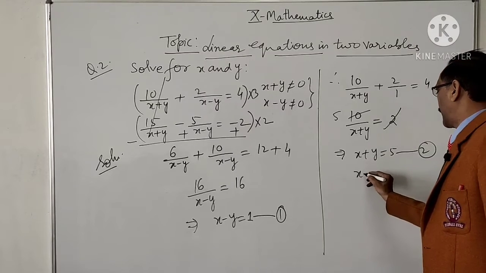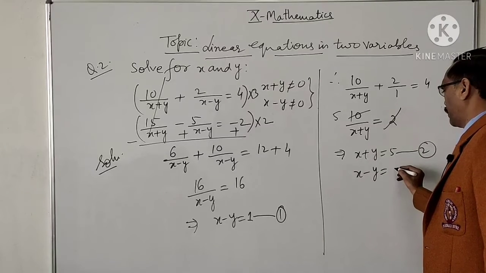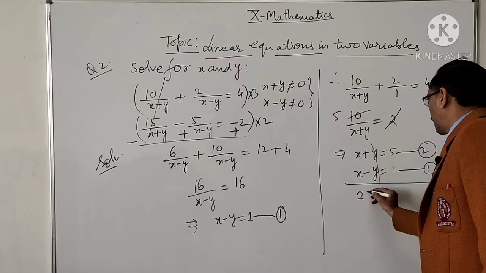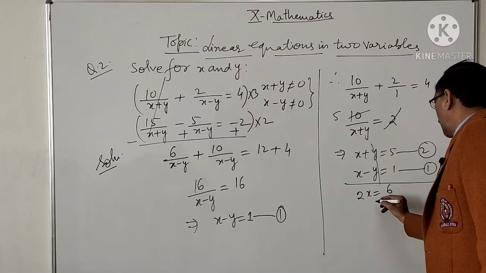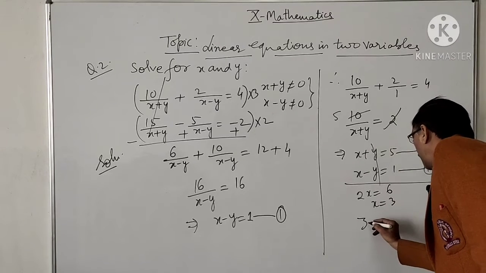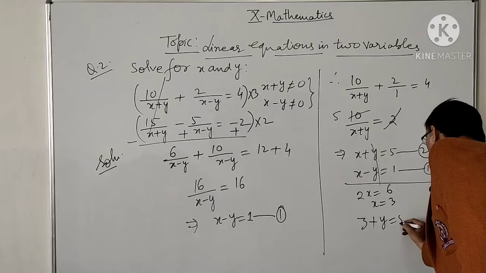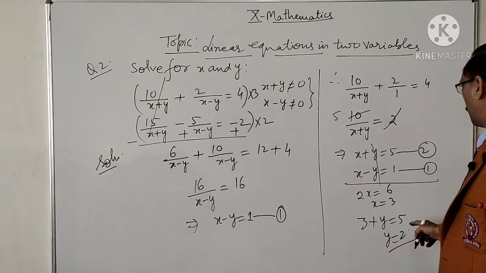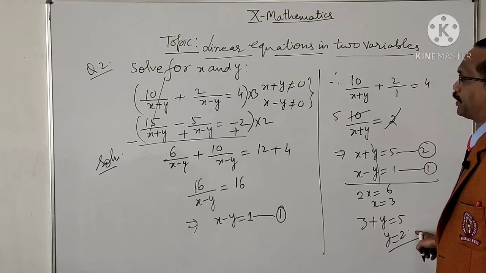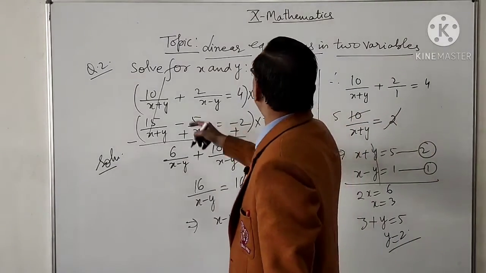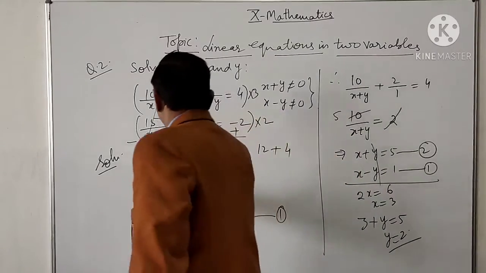Now, adding equation 1 and 2, we will get 2x equal to 6 and x equal to 3. Putting x equal to 3, so 3 plus y equal to 5, then y equal to 2. So x equal to 3 and y equal to 2. To verify the answer, putting the values of x and y, we can check this answer.